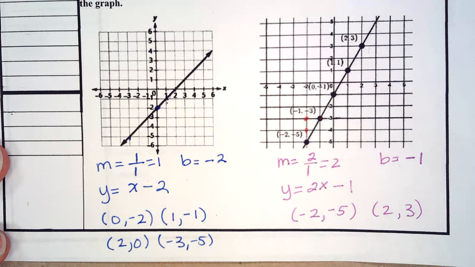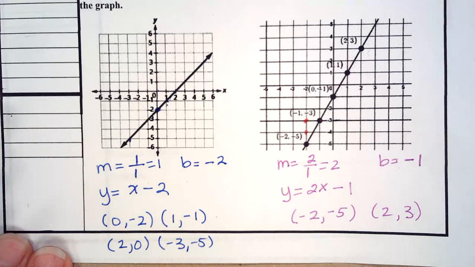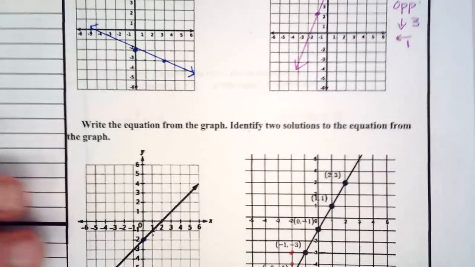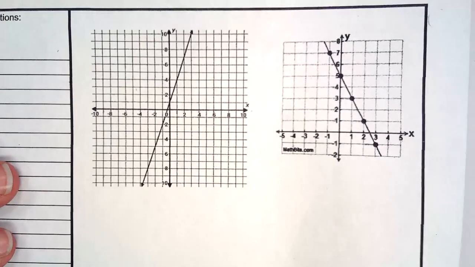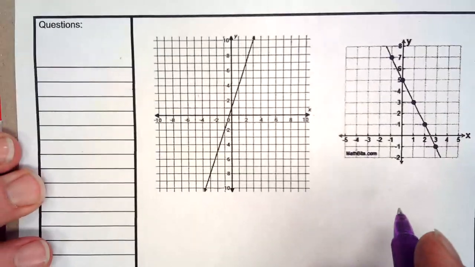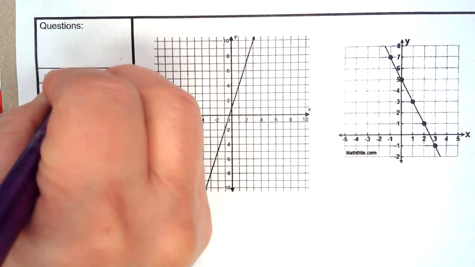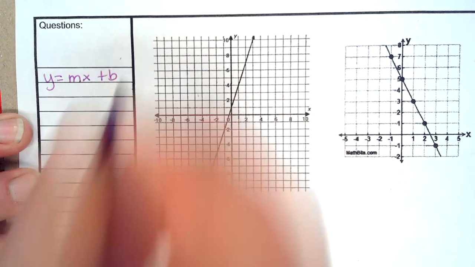Those are solutions to that equation. If you feel comfortable, pause the video and see if you can do this one on your own. Remember, we're in the form of y equals mx plus b.